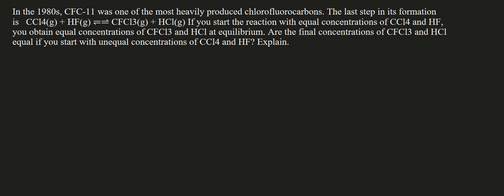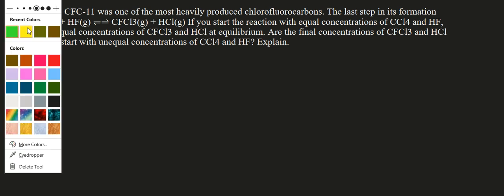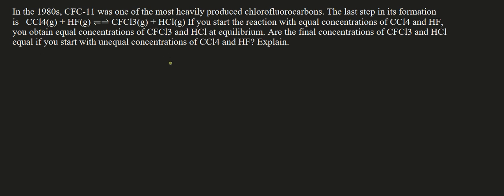So we grab a yellow color. Okay. Start with the word ICE here. ICE stands for I for initial, C for change, E for equilibrium. At initial, we're going to use arbitrary numbers, and we're going to have two cases.